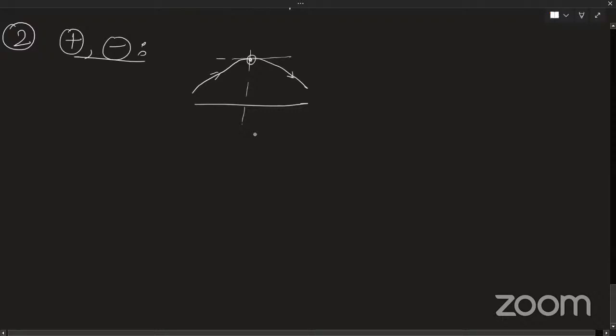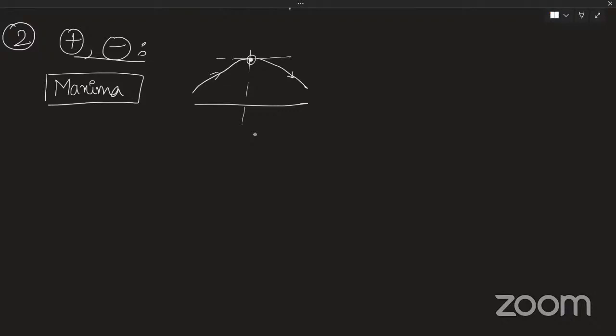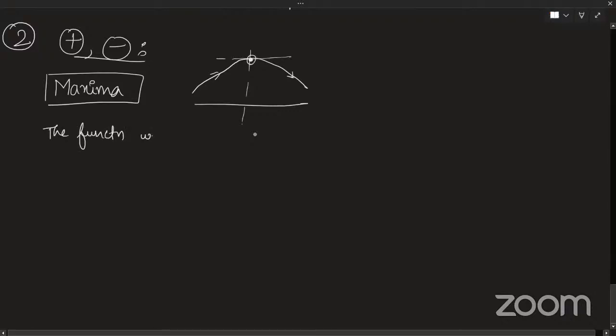So if it is turning out to be 0, it is a maxima. Why? Because this point is giving the maximum value. So the function will have maximum value at this critical point.